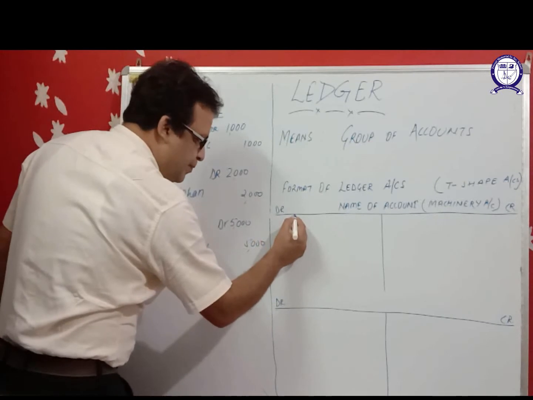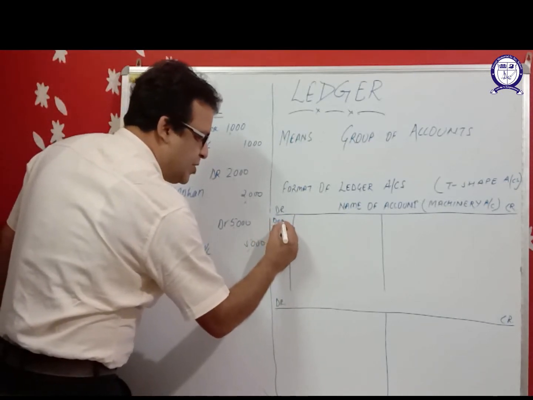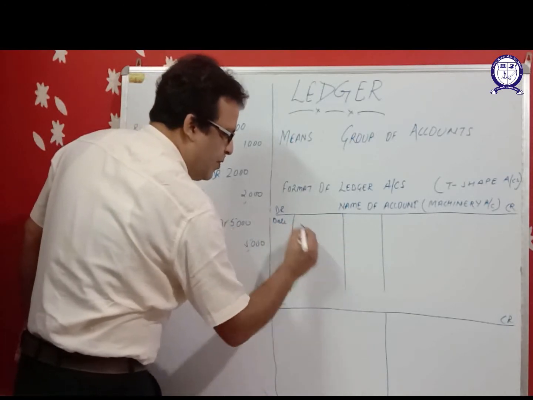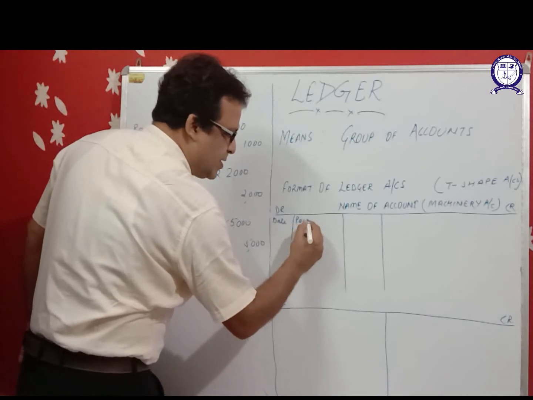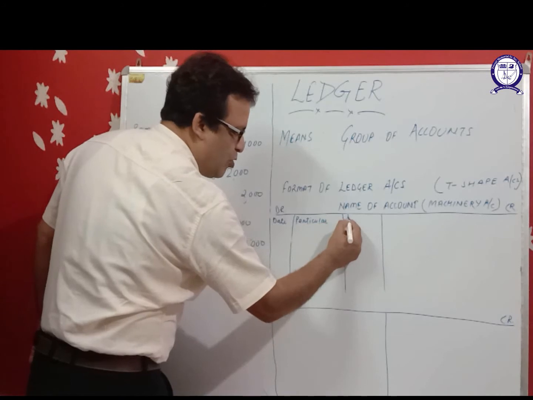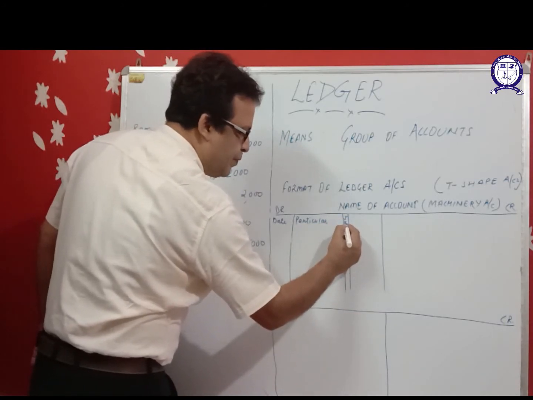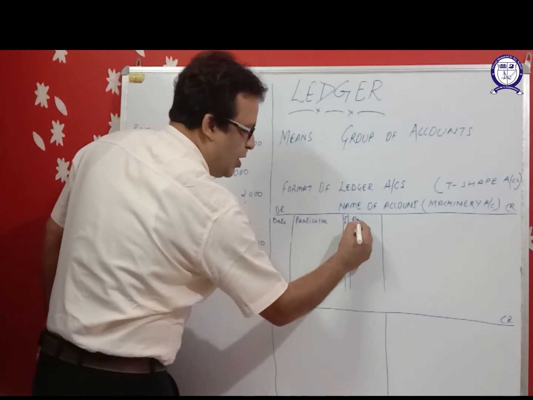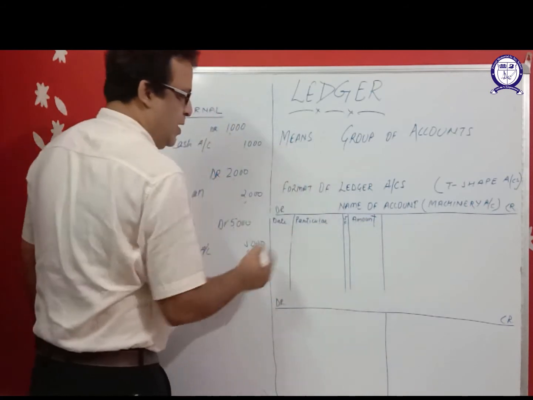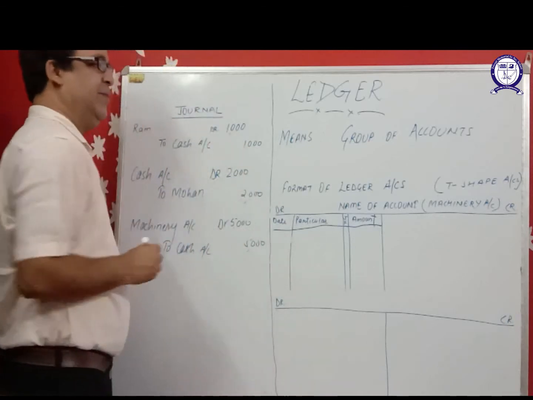First column for date. Second column for particulars. A small column, journal folio. Next column for amount. These four columns will be prepared on the debit side.